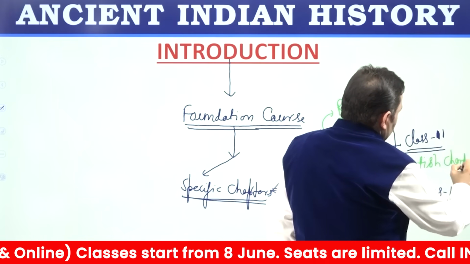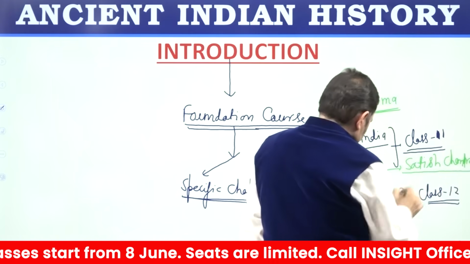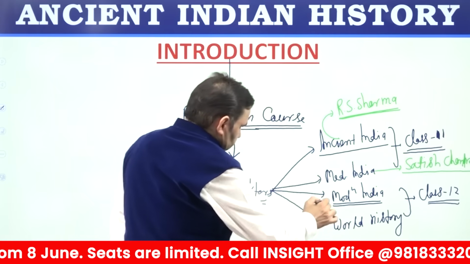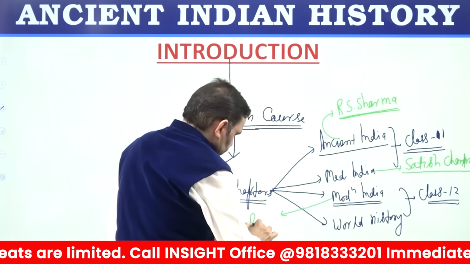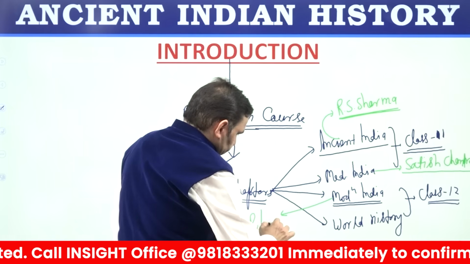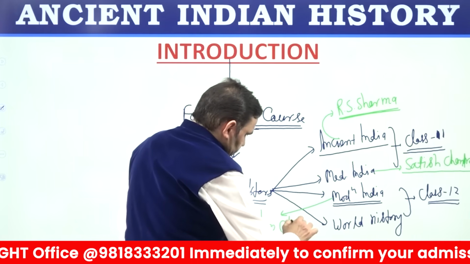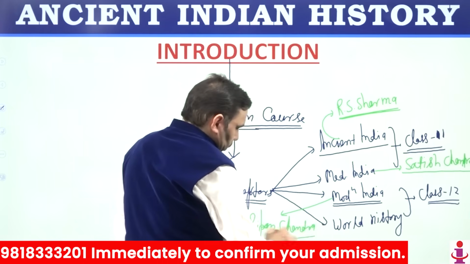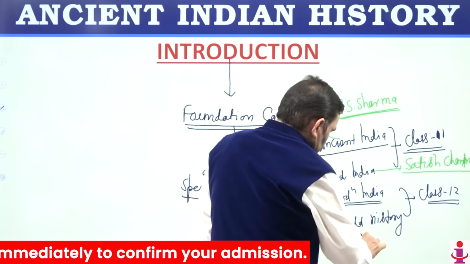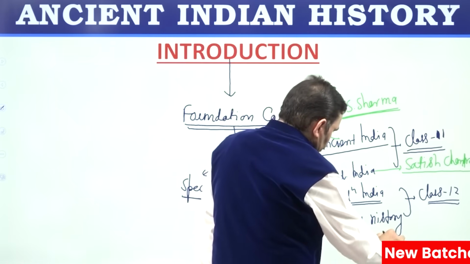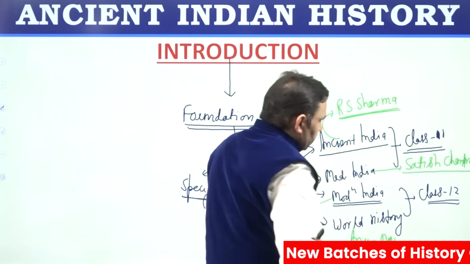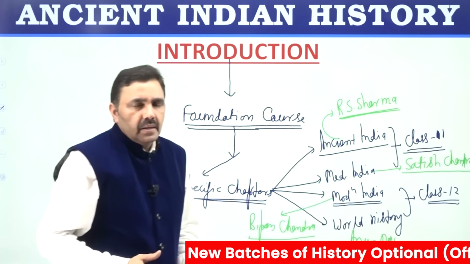So you have to pick up only this particular NCERT. Modern India NCERT of Bipan Chandra, B-I-P-A-N, Bipan Chandra, and World History NCERT of Arjun Dev. So these 4 books you should have with you.